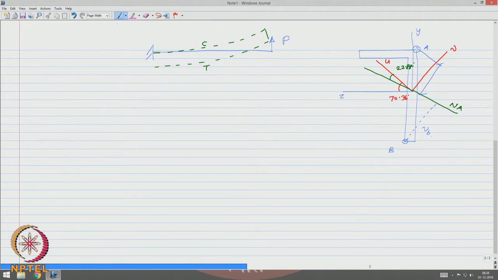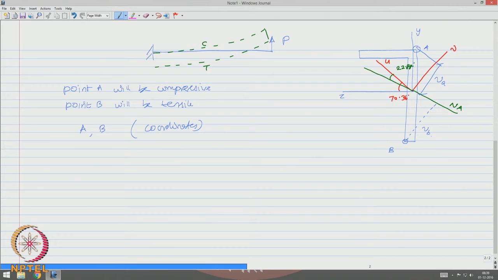So, it is expected that point A will be compressive, and V A will give me the maximum distance of this fiber, and point B will be tensile, and V B will give me the maximum distance of this. So, our job is to now find the coordinates for A and B.